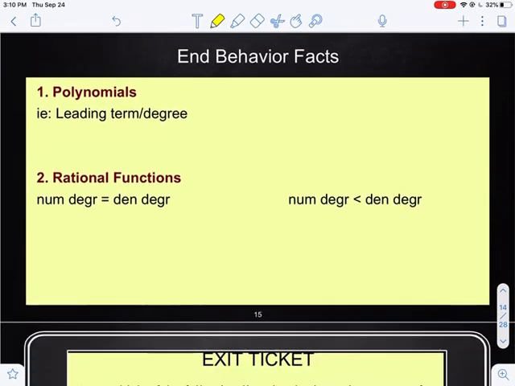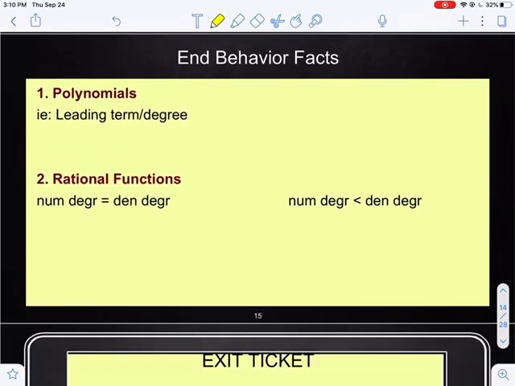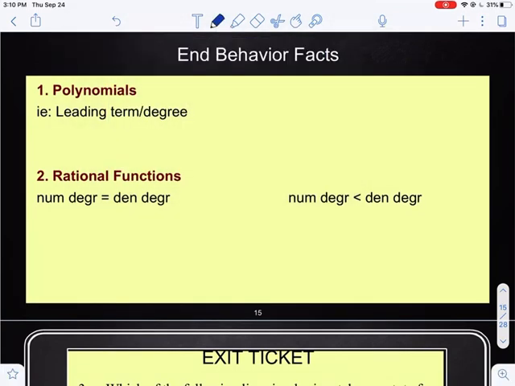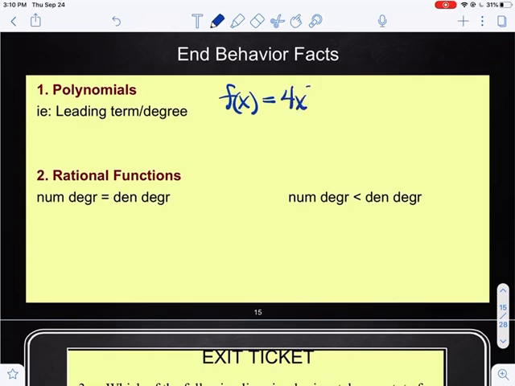When we're looking at facts, the leading term or the leading degree, if I look at a real quick example of this, and I say if I have f of x is equal to 4x cubed minus 2x squared plus x plus 17, sounds like a lucky number, and I have g of x is equal to 4x cubed.